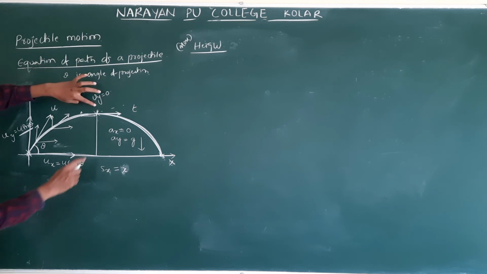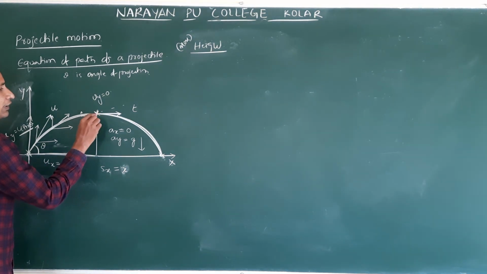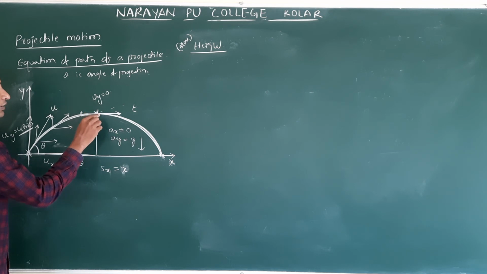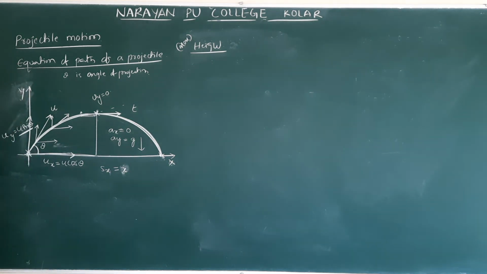From that point to the ground, that distance, that height, we call the maximum height. Understand? Clear? Somewhere, for any projectile, at a certain point the final velocity is going to be 0.